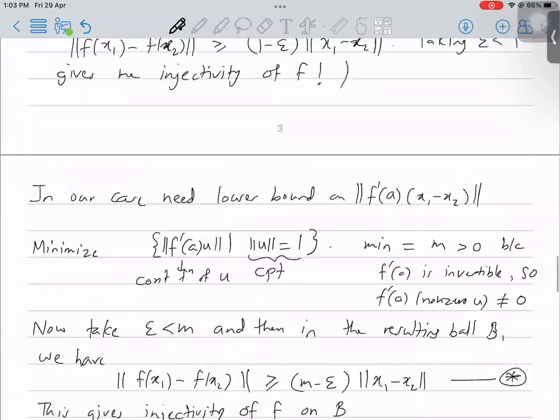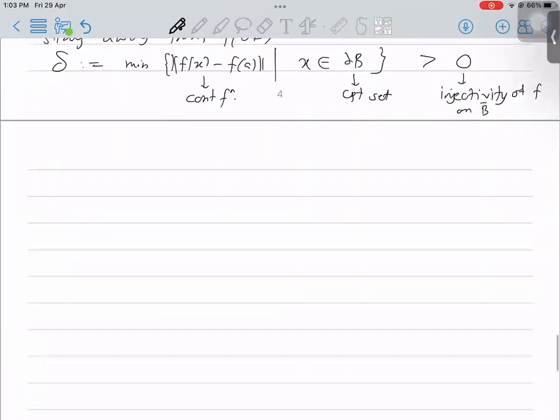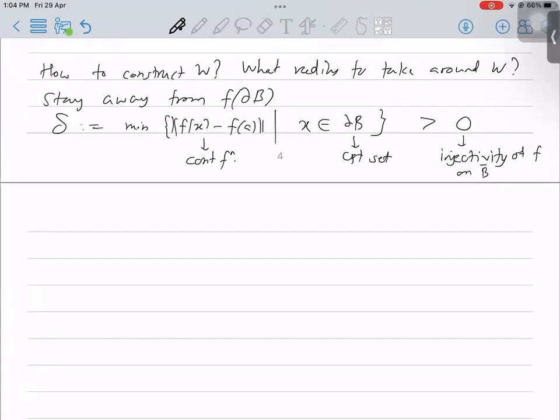Why must the boundary of B get mapped to the boundary of f of B? I never said anything of that nature. I see. Okay. The word boundary of f of B has never entered our consideration.